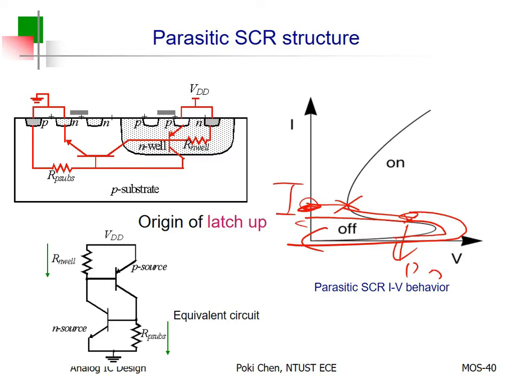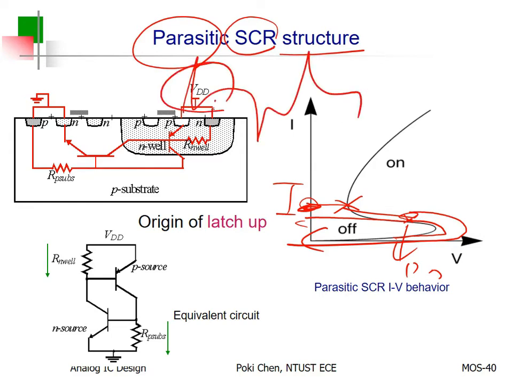Okay? So this is the so-called parasitic SCR structure. It's really harmful because of the ripples or spikes on your VDD. And it always happens. The VDD is not a flat curve. It is not fixed. It's too dangerous.